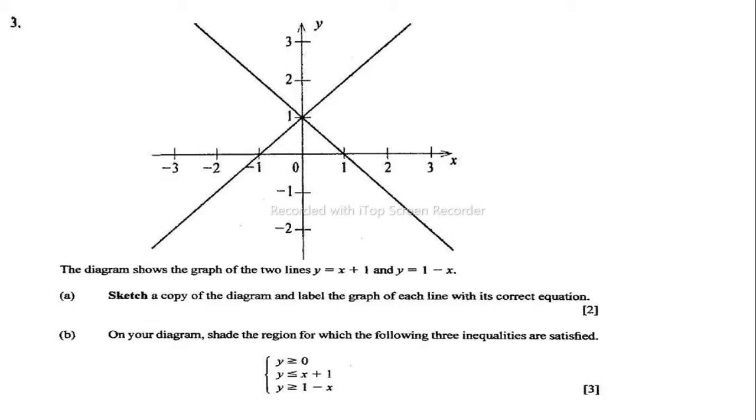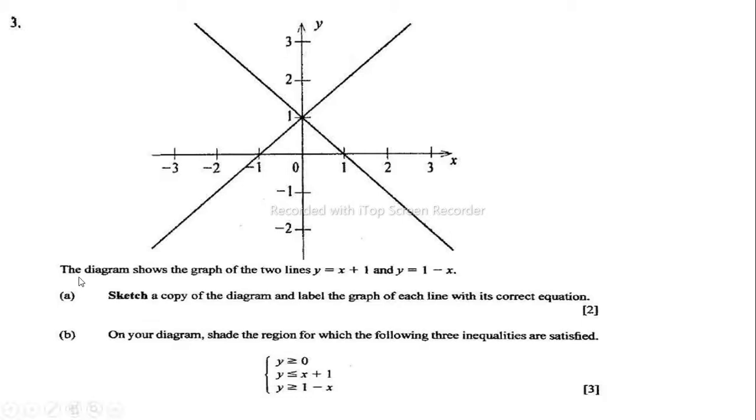Which one will you label y is equal to 1 minus x? Well, the negative side would be the minus. Alright. The answer is correct, but explain some more. So you would mark like 1 and then negative.